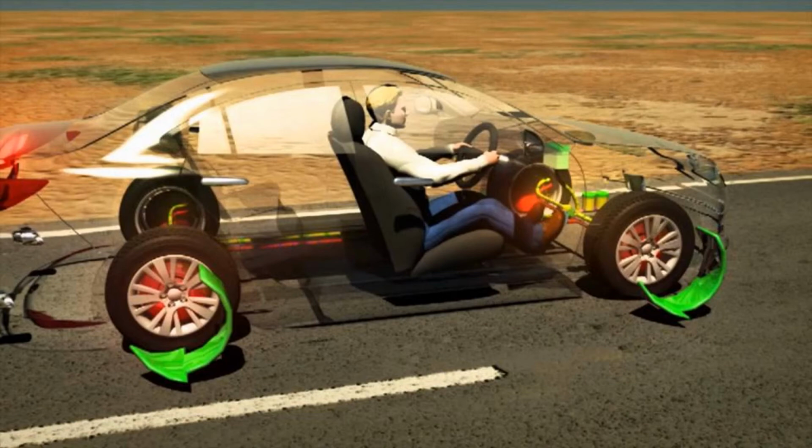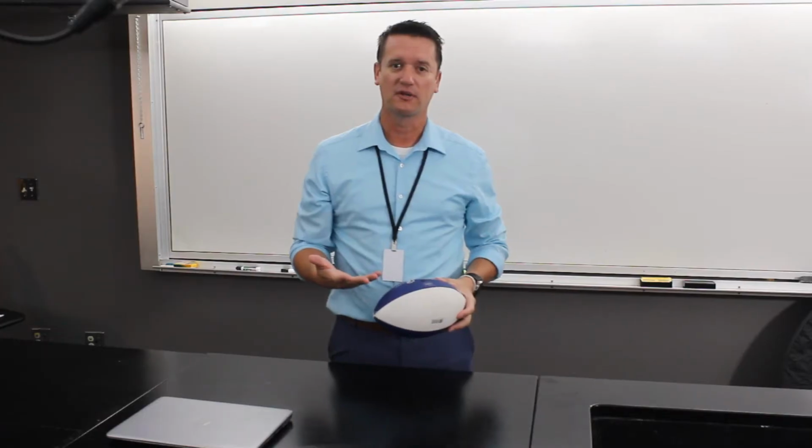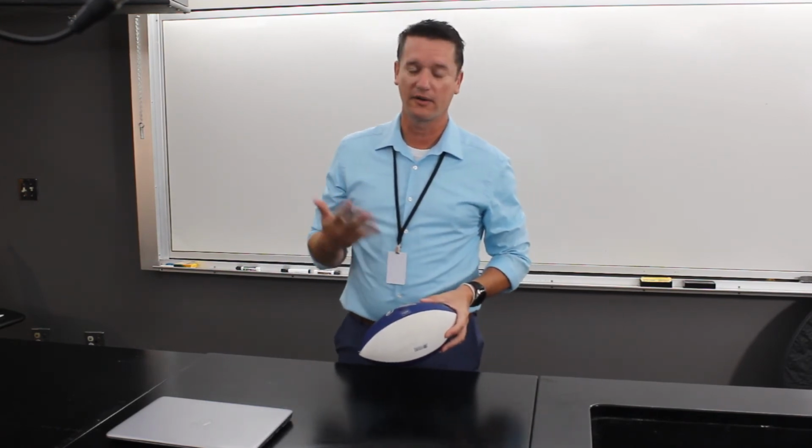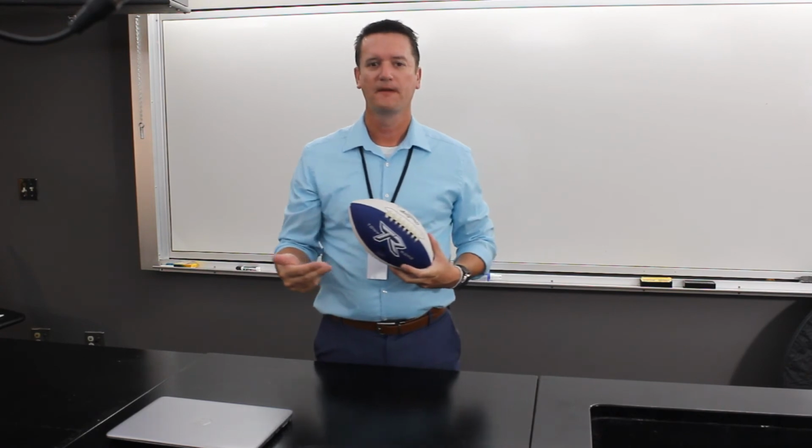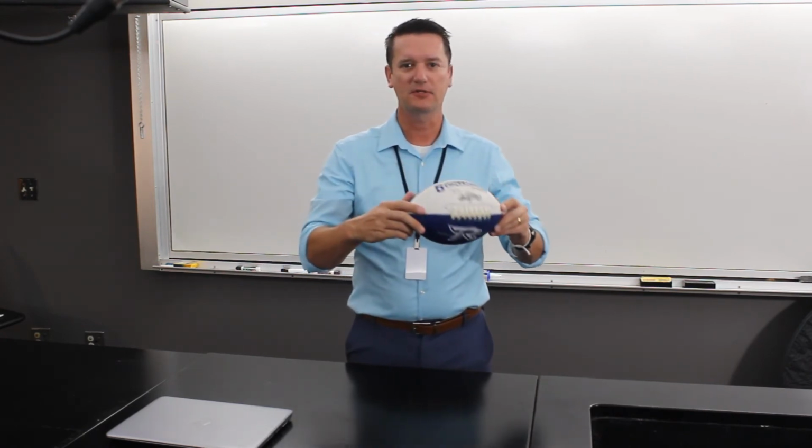Because if they lock up, then the tire starts to slide and you're under kinetic friction as you're sliding, which is typically less friction than the rolling friction if your tires can continue to move. So anti-lock brakes keep your tires moving so that you stay under rolling friction, and then you can actually stop quicker because there's more friction.